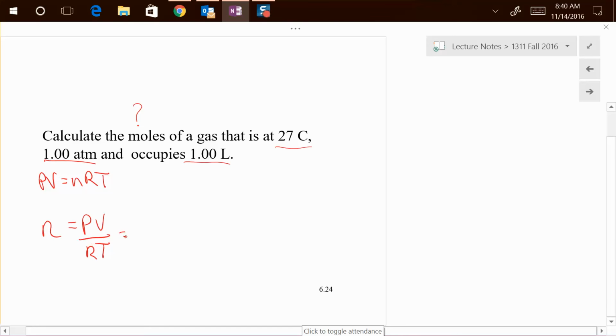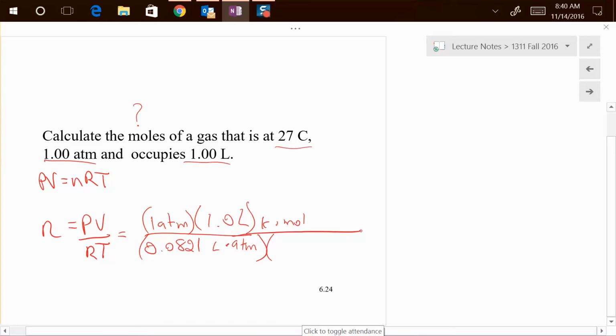Okay, so my pressure is 1 atmosphere. My volume is 1 liter. R is 0.0821 liter atmospheres per Kelvin mole. I'm just going to put those units up top since they would go on the bottom, and so they'll be on top. My temperature is 27 degrees Celsius plus 273, which gives me 300 Kelvin.